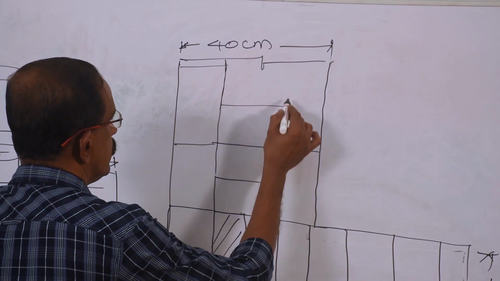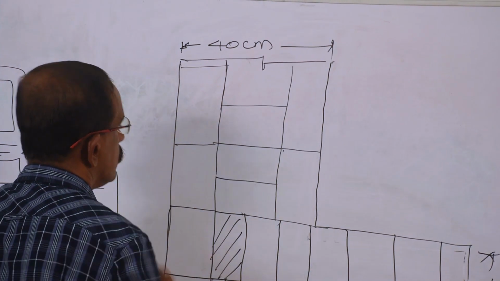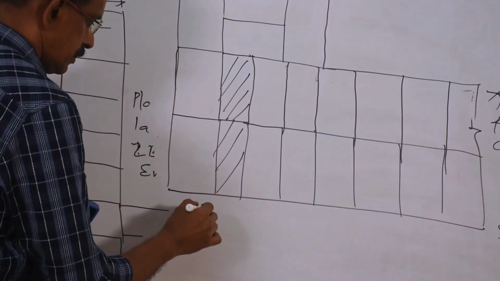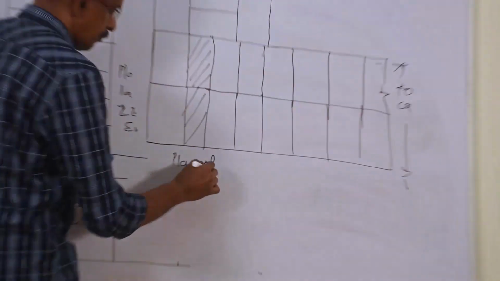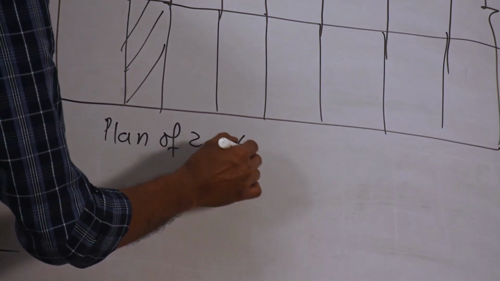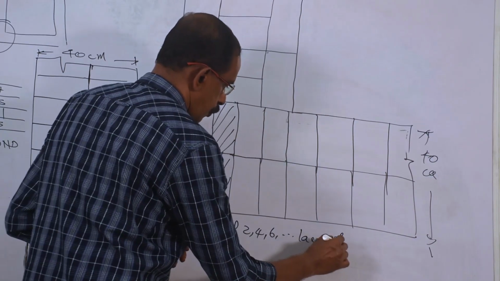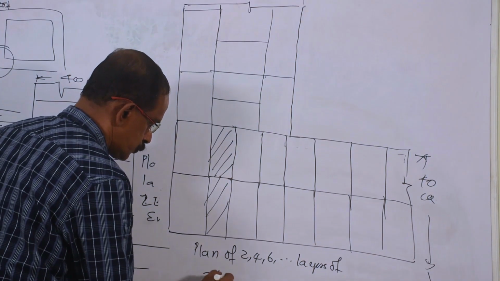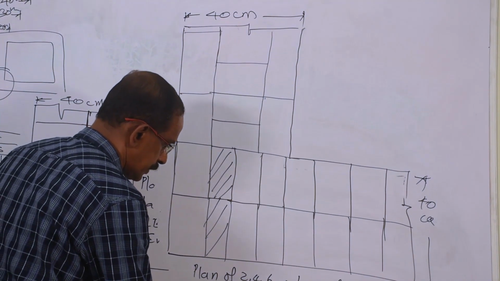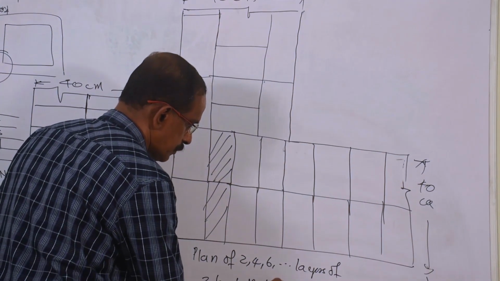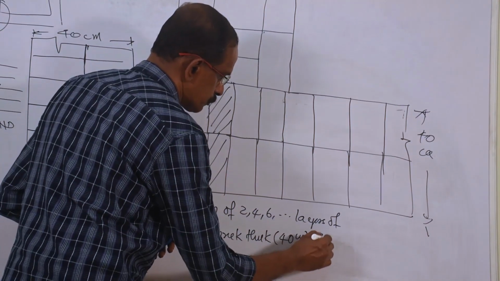The same thing will continue. So that's all. So that is the plan of 2, 4, 6, etc. layers of 2 brick thick, that is 40 centimeter English bond.